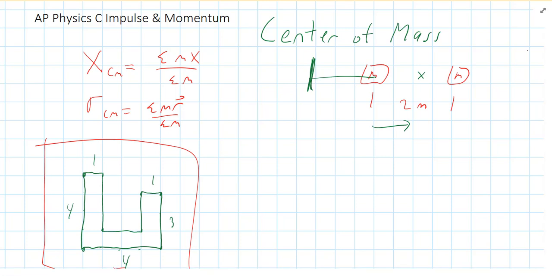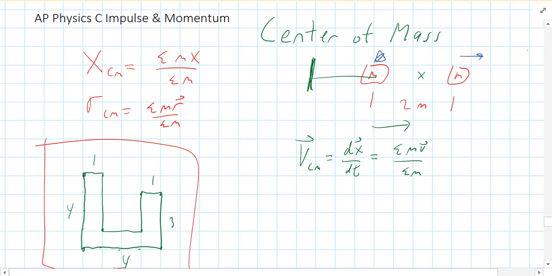Other things that are related to this: v_cm, the velocity of the center of mass, is dx/dt, which is the sum of the m v's over the sum of the m's. For instance, in this picture, let's say the left-hand mass is still, and the right-hand mass is moving at 2 meters per second.